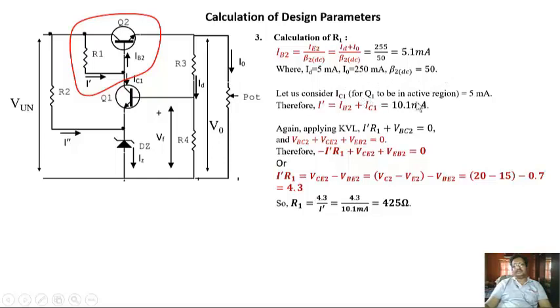Let us consider IC1 equal to 5 milliampere, required for the active region of the transistor Q1. Therefore, I prime is equal to IB2 plus IC1, which is 10.1 milliampere. Applying KVL, you can calculate I prime R1 equal to 4.3 just by simplifying this equation, and R1 is equal to 425 ohm.